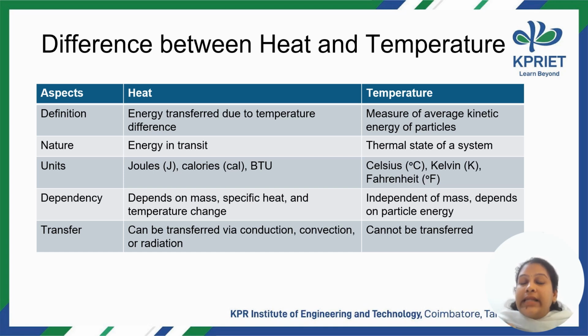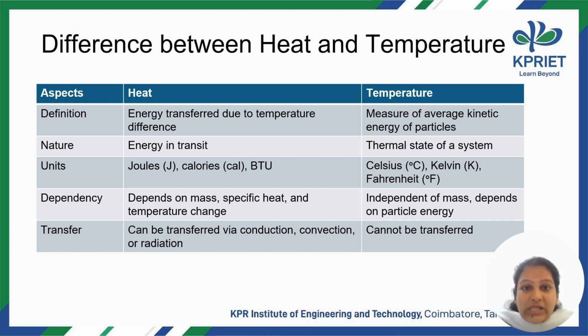Heat actually depends on mass, specific heat and temperature change. So what does it mean when I say heat depends on mass? Say I'm taking 1 kilogram of a substance and the same substance I'm taking half kilogram. So I have the same substance of two different weights.